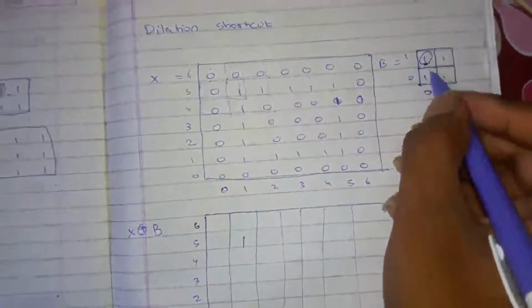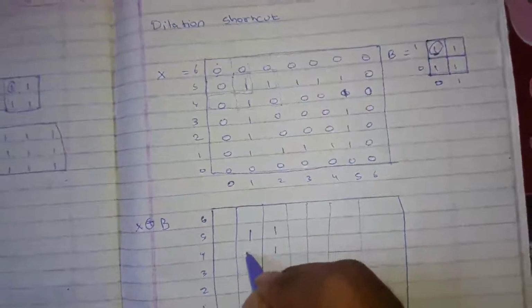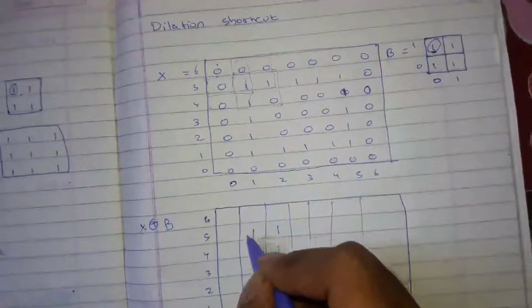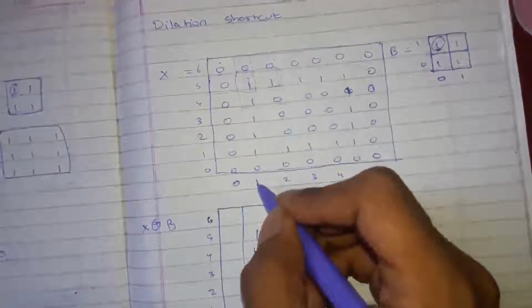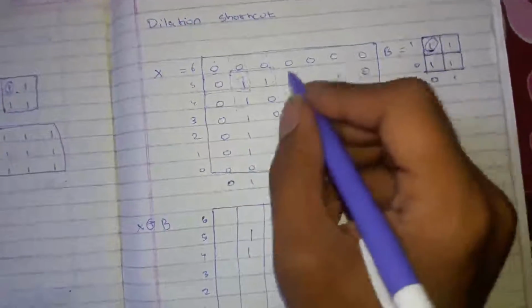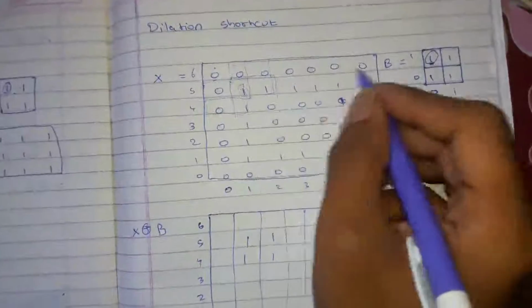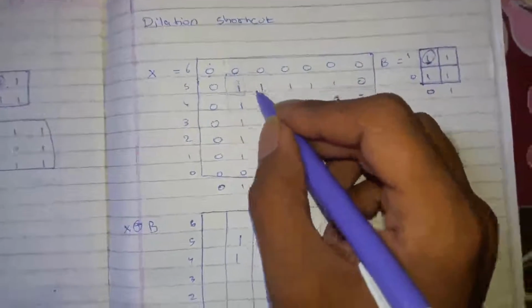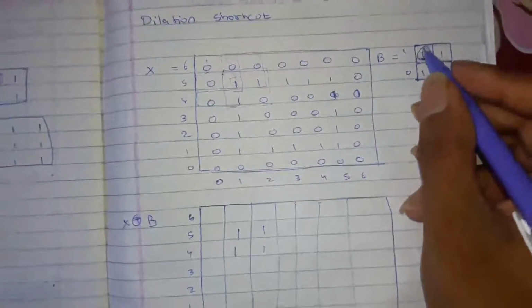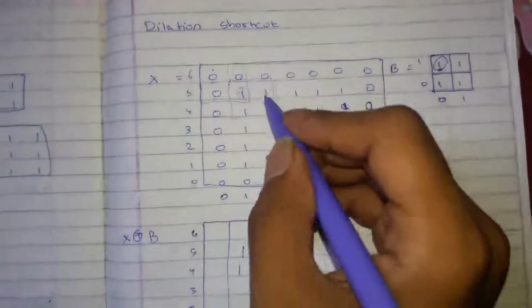So here there is 1 1 1 1, so here also there should be 1 1 1 1. That is, when my seed point was over here at 5 1, I got a 1, so I replaced all the pixels in the structuring element's region by the structuring element. Since all were 1, everything here goes 1.